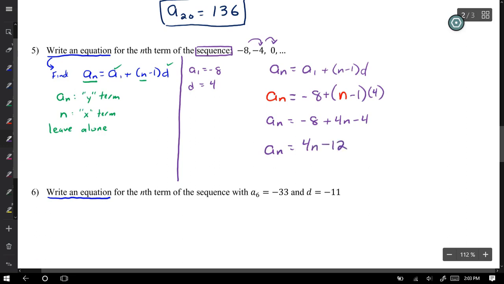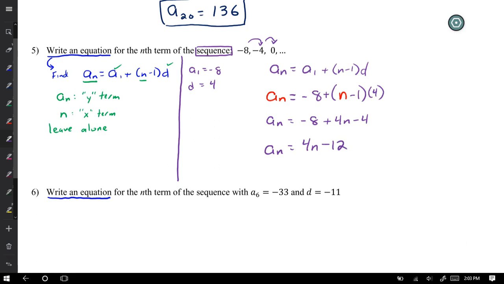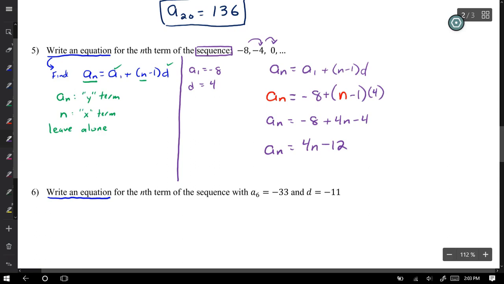And so this is my equation for the arithmetic sequence, and I could just try it out. Make a column for n, make a column for a sub n. My first term, 4 times 1 minus 12 is negative 8. Check it out, it actually works. My second term, 4 times 2 is 8, minus 12 is negative 4.